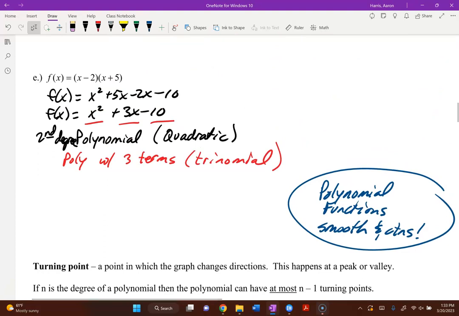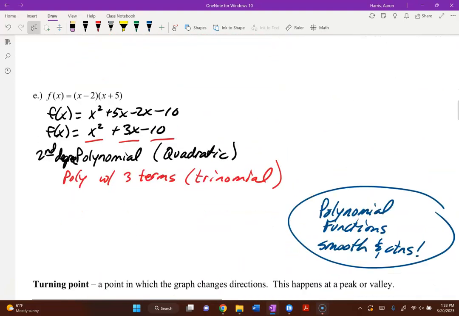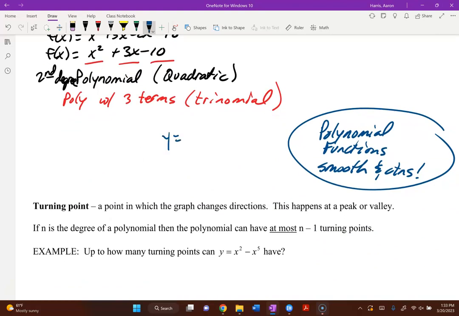So like for this one, actually, let me go to, let's say I had a third degree, like, I don't know, whatever it is, but I graphed it, and let's say it looks something like this. See how you have a relative max there and a relative min there? Those are called turning points, right? I changed from increasing to decreasing. And then I changed from decreasing to increasing.